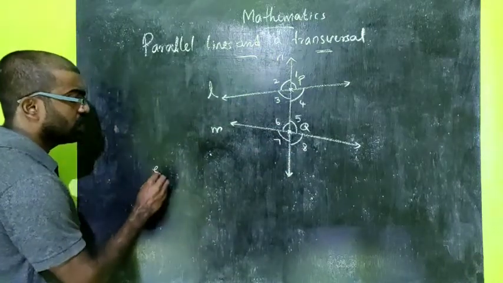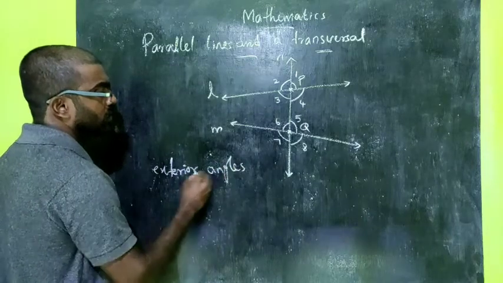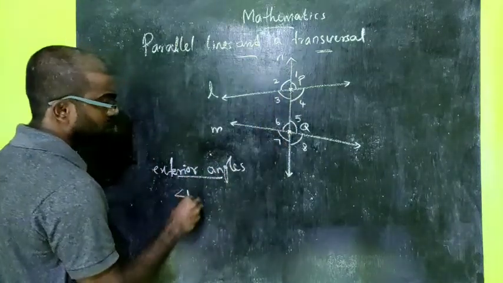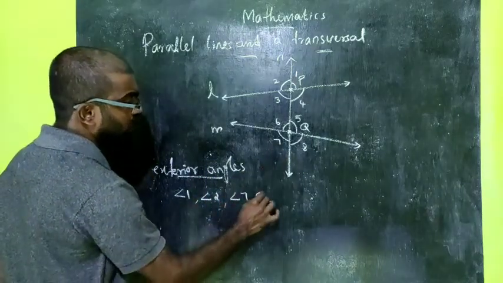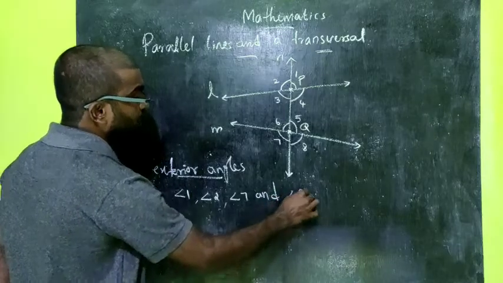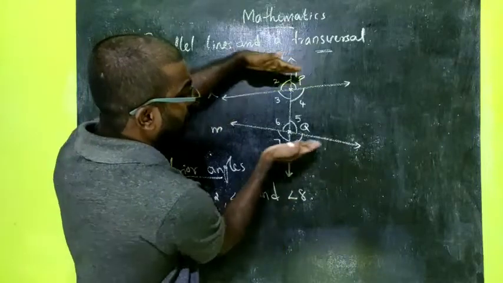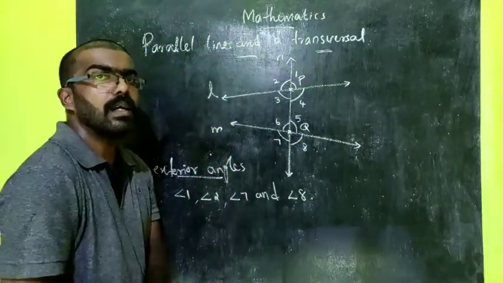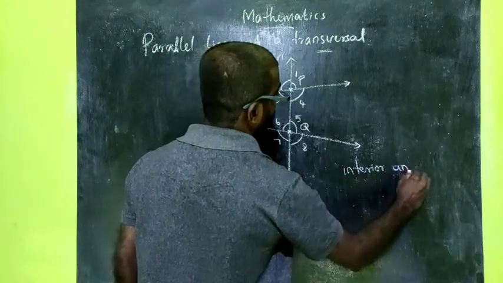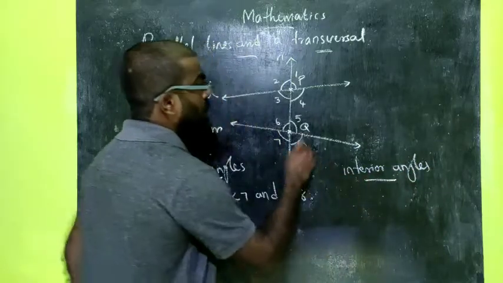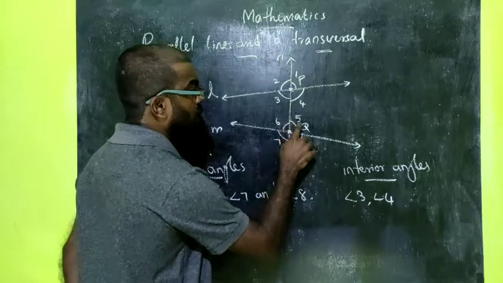Here the exterior angles are numbered as angle 1, angle 2, angle 7 and angle 8. And four of them are interior angles, that means the angles that lie between these two lines L and M. So here the interior angles are namely angle 3, angle 4, angle 5 and angle 6.